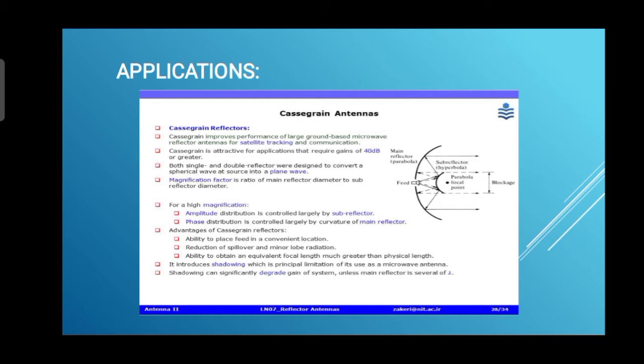It introduces shadowing, which is the principal limitation of its use as a microwave antenna, and shadowing can significantly degrade the gain of a system unless the main reflector is several lambda.